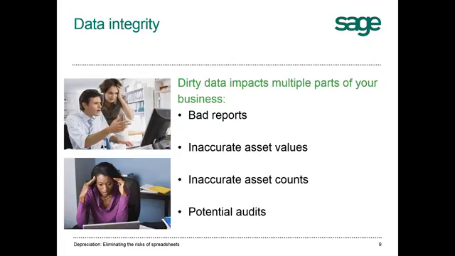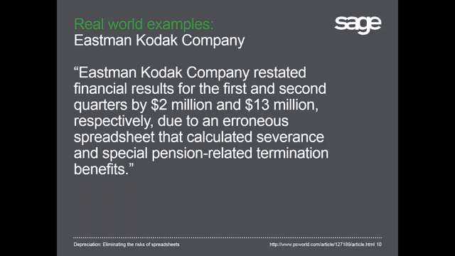Next, if you don't have accurate asset counts and values, you could be overpaying taxes and property insurance on those assets. Furthermore, if you have bad asset counts, you might not have a business-critical asset on hand when it's needed. And finally, while clean data is your best friend and shield if auditors come knocking, dirty data is your worst enemy.